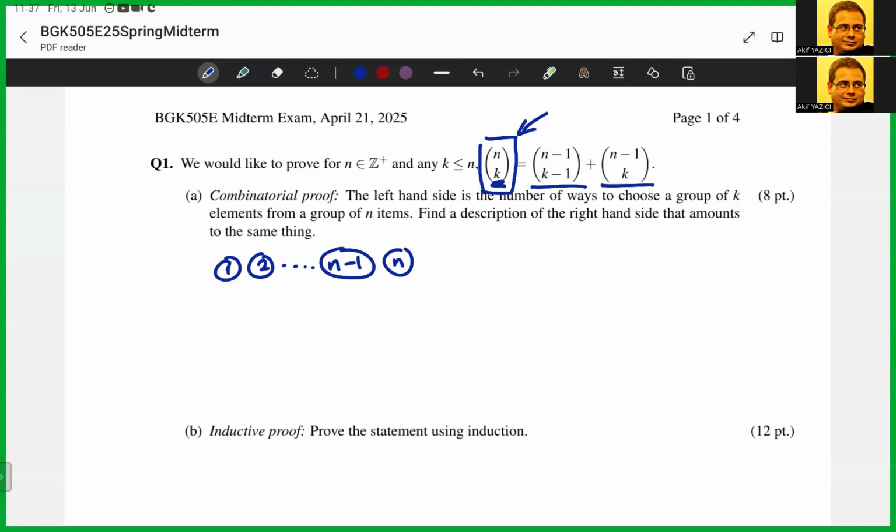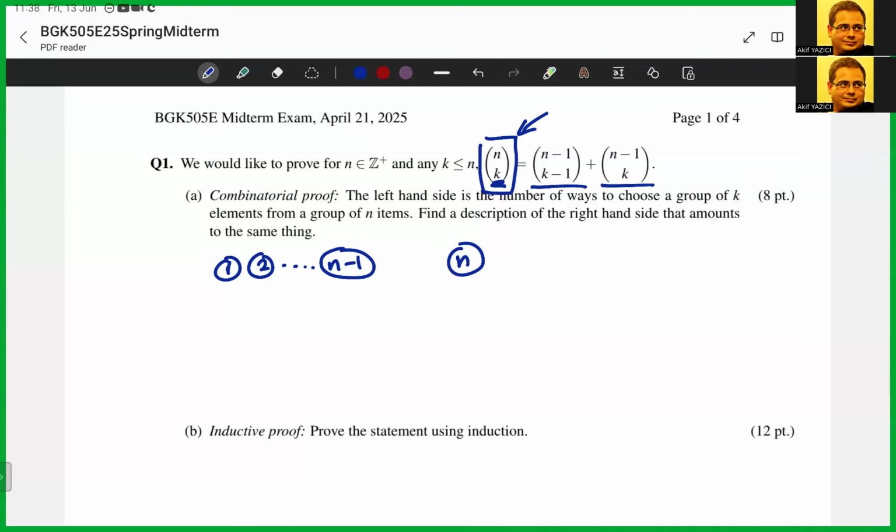Or alternatively, you can consider the following scenario. Choose arbitrarily one of the items, let's say n. Okay, so put that aside. It's still a group of n, but I'm going to consider two different sorts of groups.